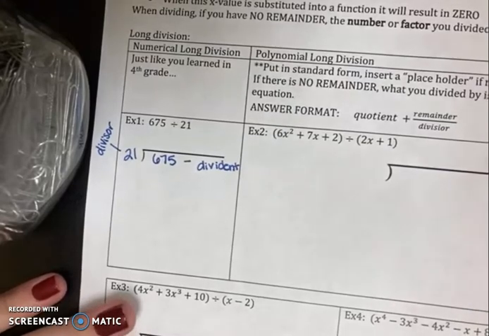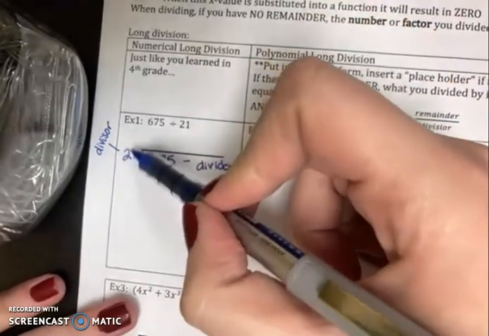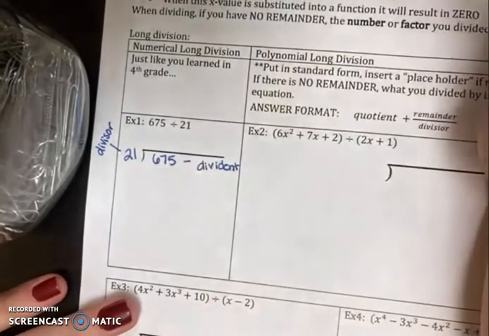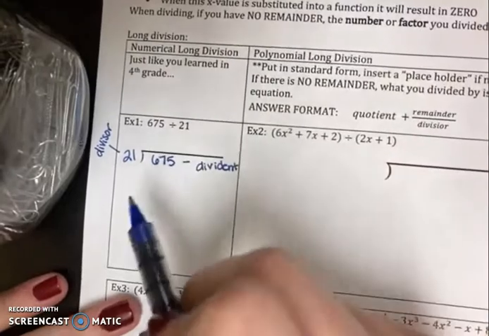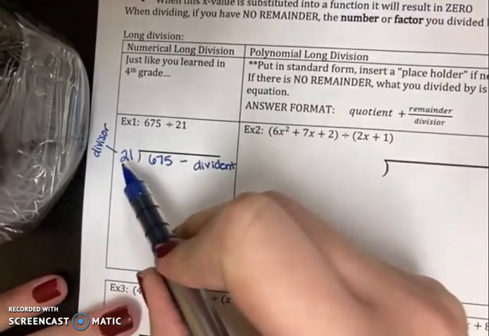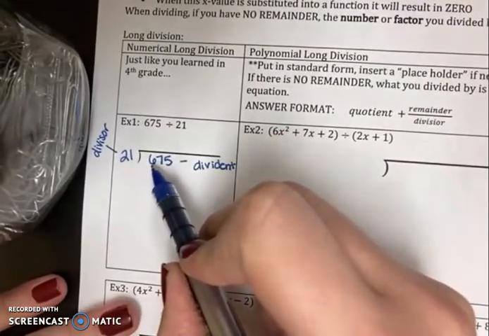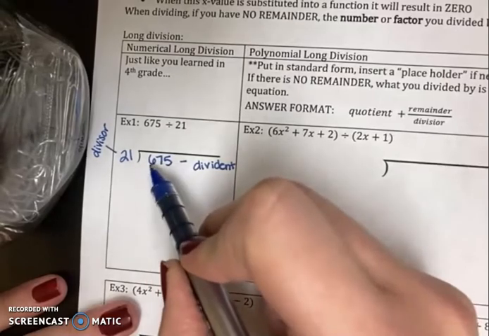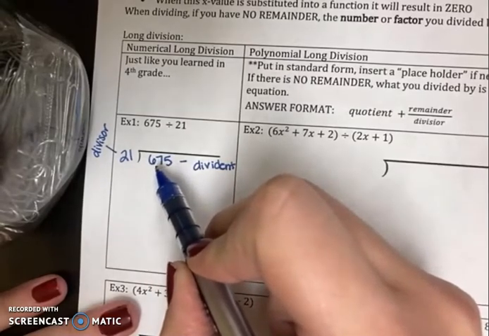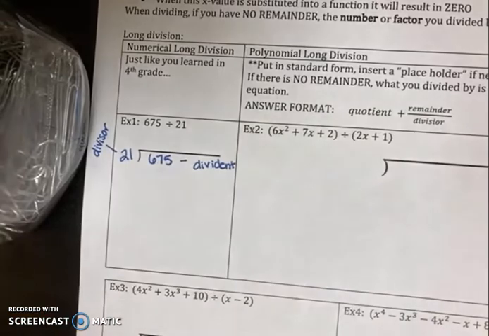In order to do this, we have to ask ourselves how many times can 21 go into 675. So when I'm looking at it, we'll just take it one step at a time. 21 cannot go into 6, but 21 can go into 67, and it can go into 67 a total of 3 times.